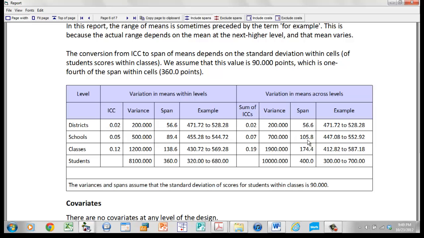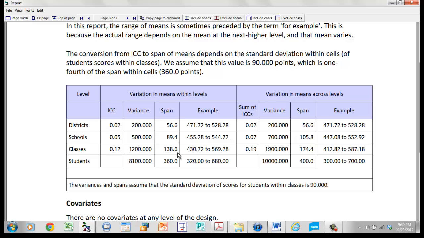But if we happen to pick a district that has a mean of 470, then all of the school means are going to be shifted downward by 30 points. And if we happen to pick a district that has a mean of 528, then all of the school means are going to be shifted upward by 30 points.